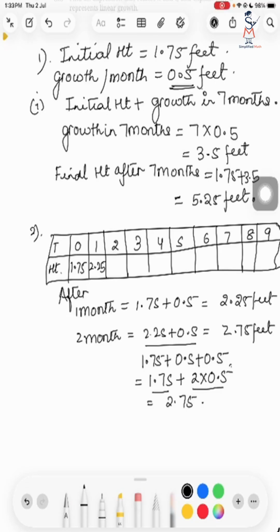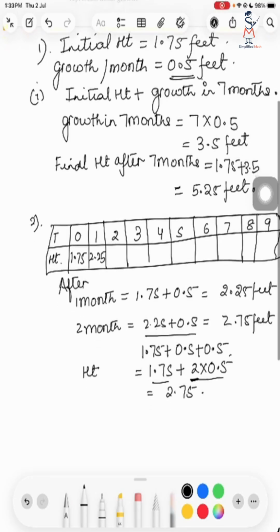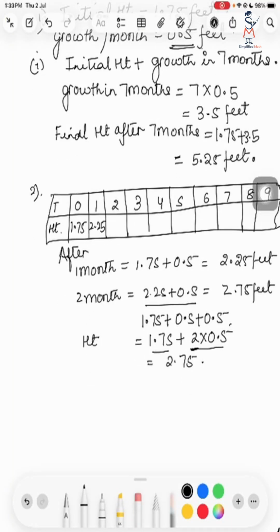Why I am writing this? Because in the third part, we have to make a relationship between the height and the month. So what we saw here, we saw that the height after any month is initial height plus month into increase in every month. That is the relationship. So this becomes 2.75.